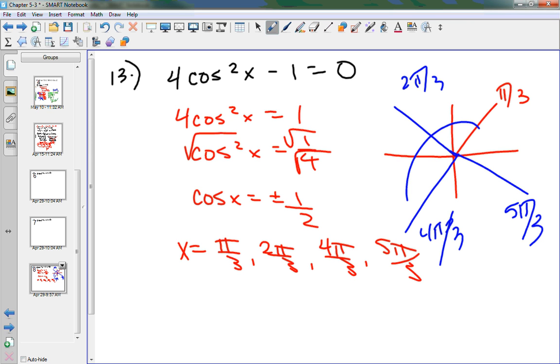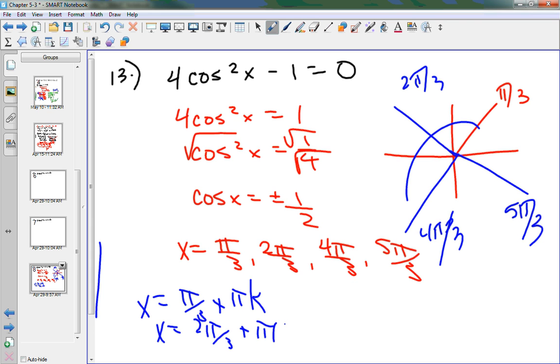Do we see that? The book says x is going to be equal to pi over 3 plus pi k, and x is going to be equal to 2 pi over 3 plus pi k. What that means is they're adding pi units every time, and k is the number of revolutions around the circle. I'm okay with this right here.